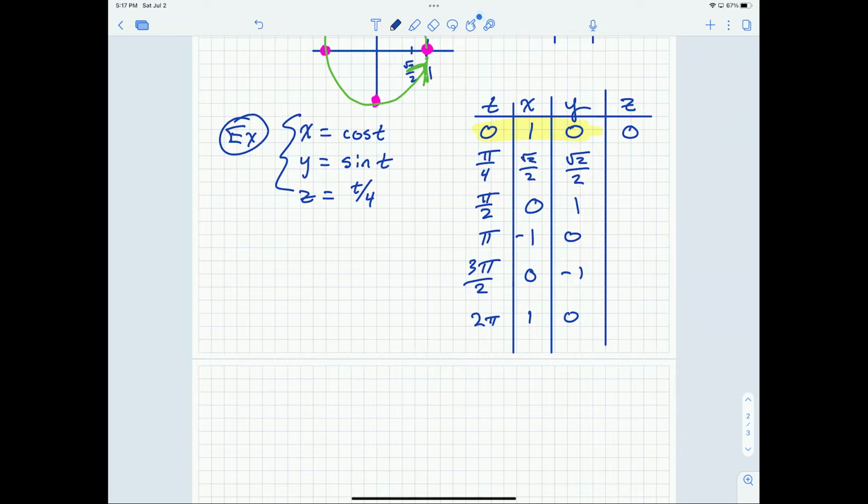The reason I want this is just because I want this to look a certain way. So I'm just going through and putting in t over 4 in here. So dividing by 4. So yeah, these are the z-values that we would get.